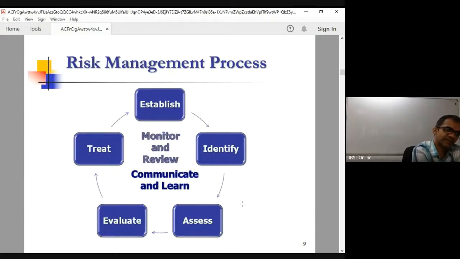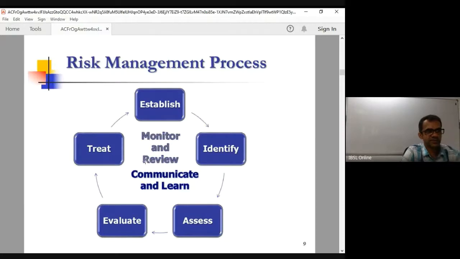So then we have to decide what we do with this residual risk. Are we going to accept that residual risk, or minimize it further down to an acceptable level, or treat it, do something more, or transfer that risk to someone else? That is happening in this treating stage.